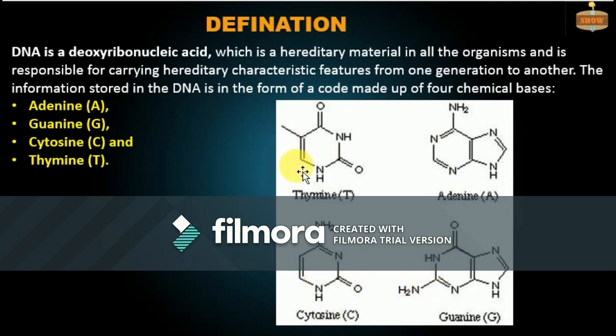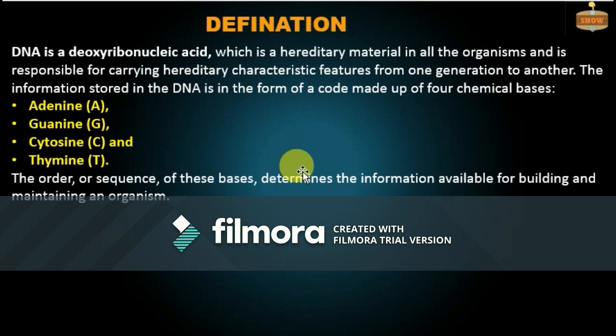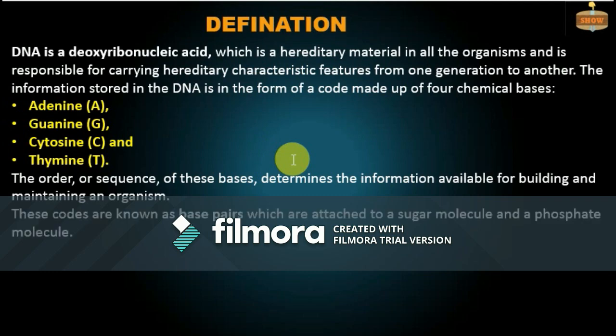Now, how is it related to the DNA, how do they form code? The order or sequence of these bases determines the information available for building and maintaining an organism. These codes are known as base pairs, which are attached to a sugar molecule and a phosphate molecule.